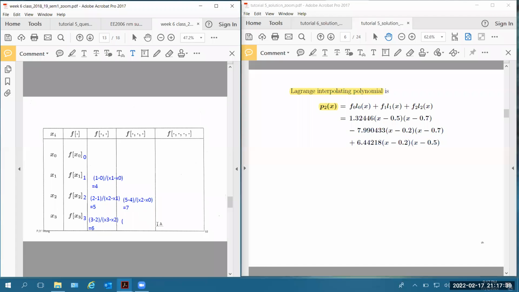How about you tell me what is this? How to find this value? You get 6 minus 5, and then you get x3 minus x1. Yeah, jump 2 steps, so that's why it's x3 minus x1. This is how you get this number. We call this 8.